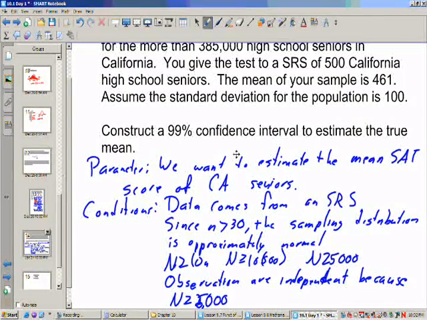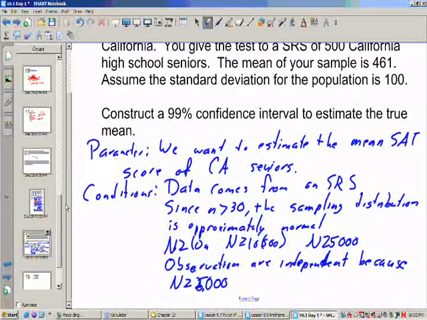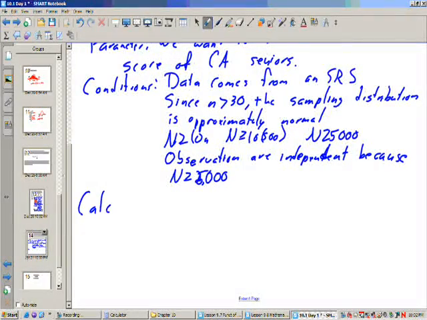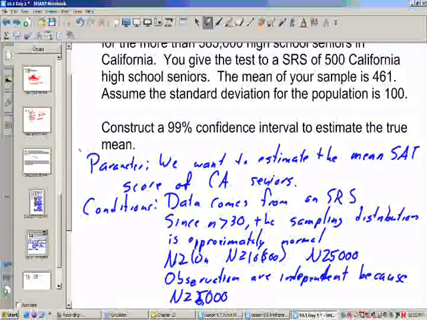And it tells us that big N is 385,000, so we're pretty safe. Now for the calculations. I always like to write my formula first. So our X bar was 461.